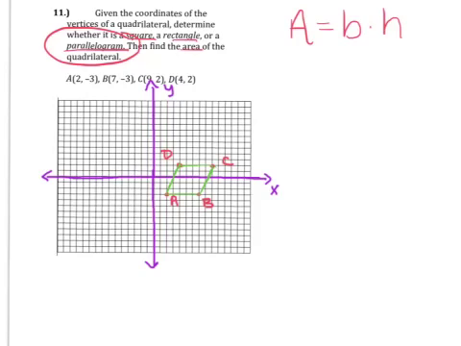The base, you just count the number of units, 1, 2, 3, 4, 5 units is our base. And height, count 1, 2, 3, 4, 5, also 5 units. Then just multiply them together, we get 25 units squared would be our area.